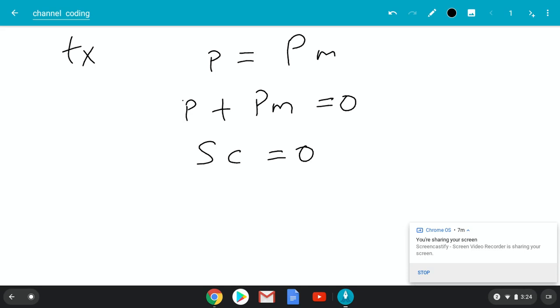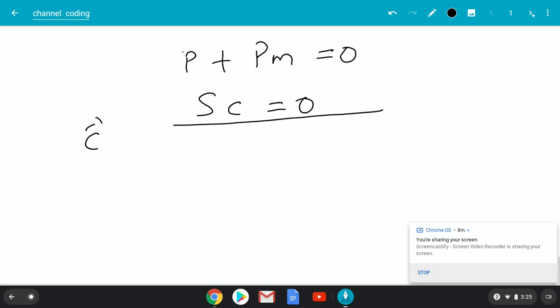If C is a valid code word, my syndrome matrix times C should be equal to 0. Now I receive a C hat. What happens? At the receiver, whatever I receive, I first multiply with S and see if that is 0 to detect an error, right?